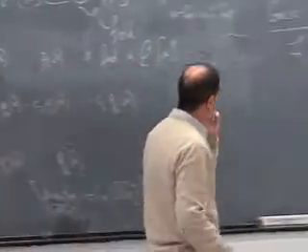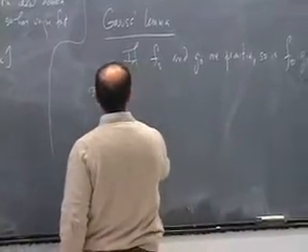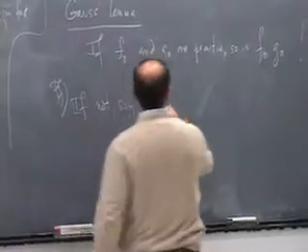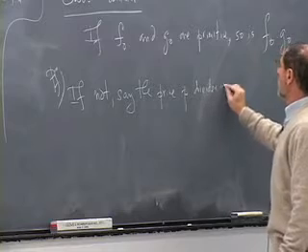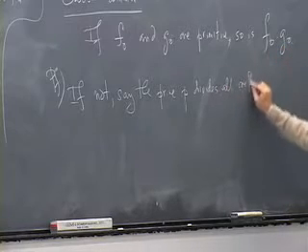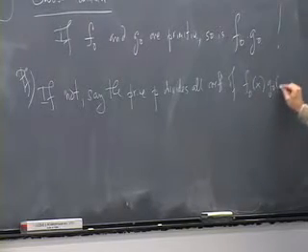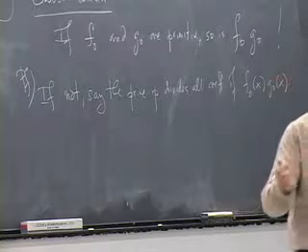This is absolutely wonderful. Proof. If not, say the prime p divides all the coefficients of f0 of x times g0 of x. That's what happens when you don't have a primitive polynomial. The GCD is not 1.